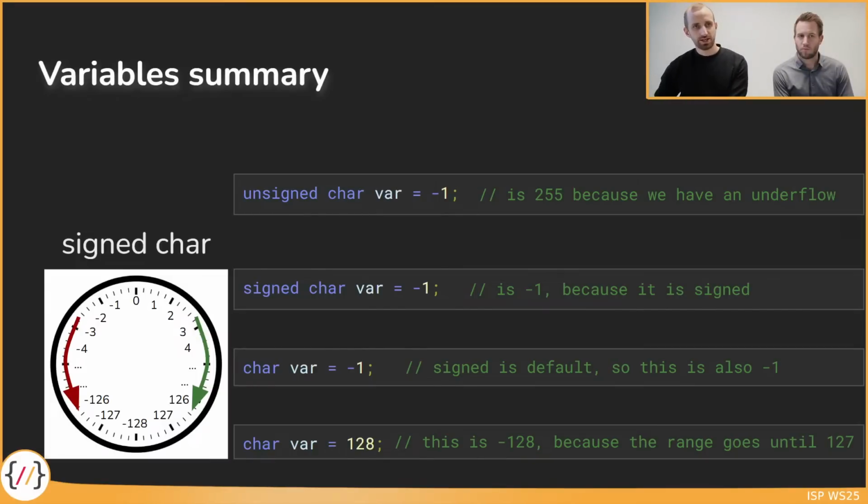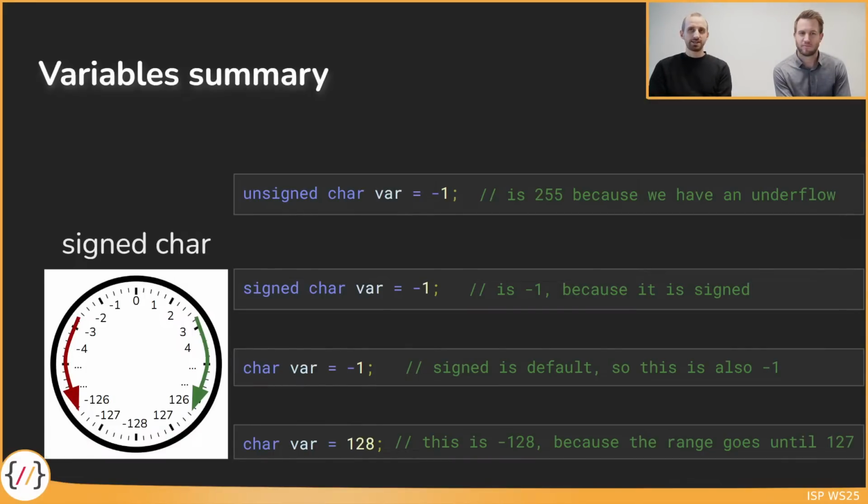When should I use signed and when unsigned? It depends. When you know that your variable will never have negative values, like the age as I said before, it's very unlikely to have a negative age. Maybe if it's before it's born, but most likely you don't want to consider that case.